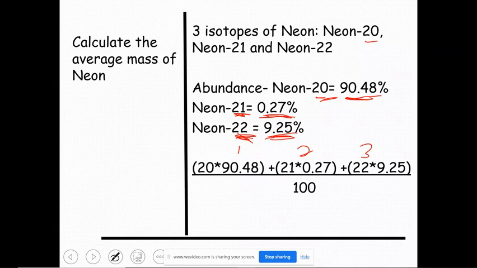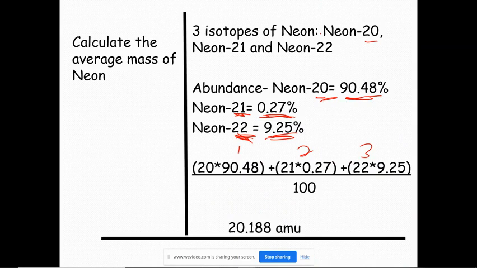We take all of those numbers, add them together, and we end up with 20.188 AMUs for neon. Awfully close to what's on the periodic table.